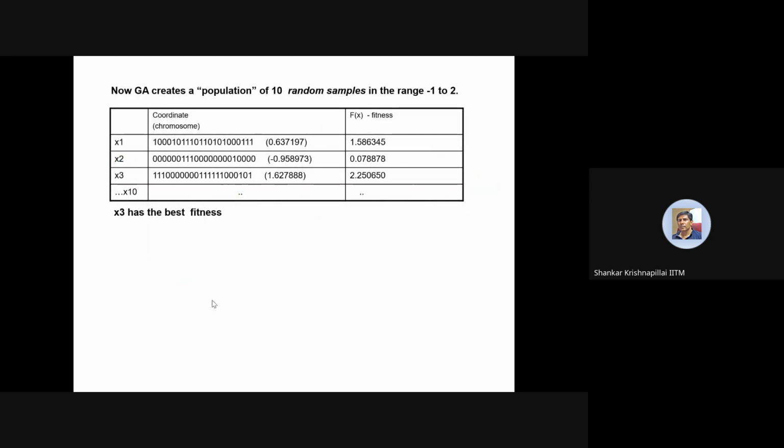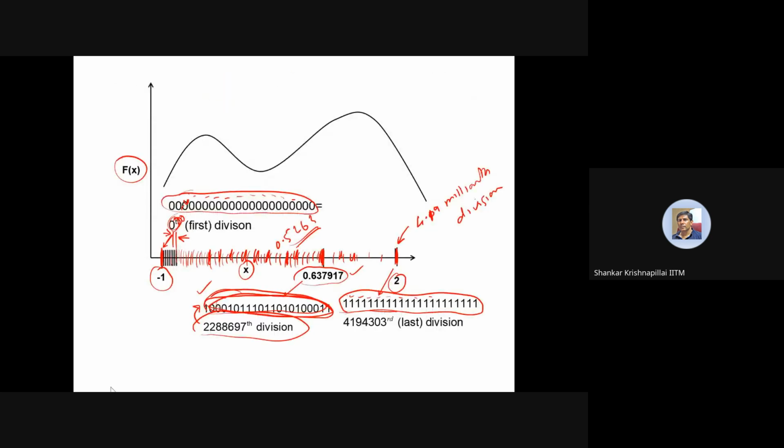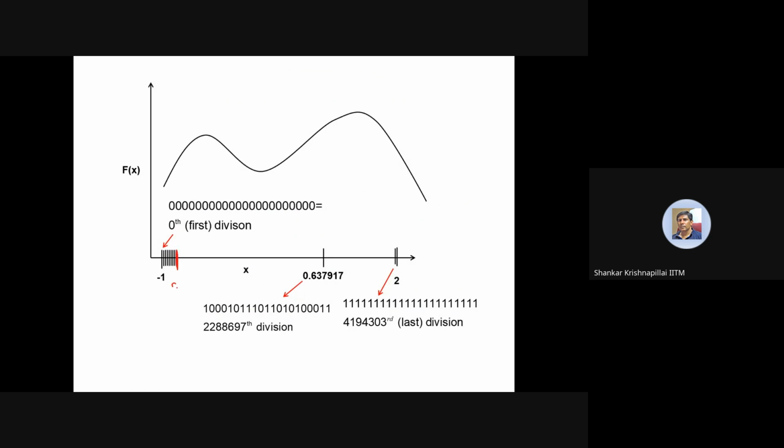Next, the genetic algorithm will make a population of 10 random x values in the range of -1 to 2. So I will wipe all these things. x1, x2, x3, x4, x5, x6, x7, x8, x9, x10.